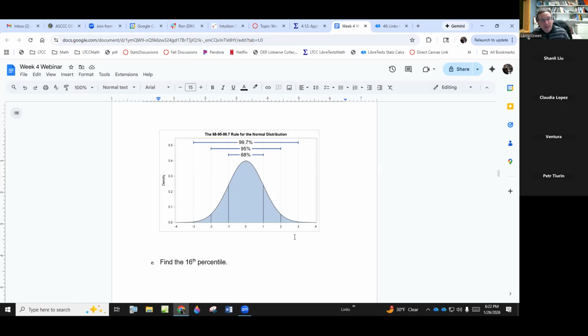Okay, and again, if we take that mirror image and say 16% is to the right of its mirror image, 16% plus 16% is how much percent? 32%. Now, if there's 32% on the outside tails, how much is inside? 68%.